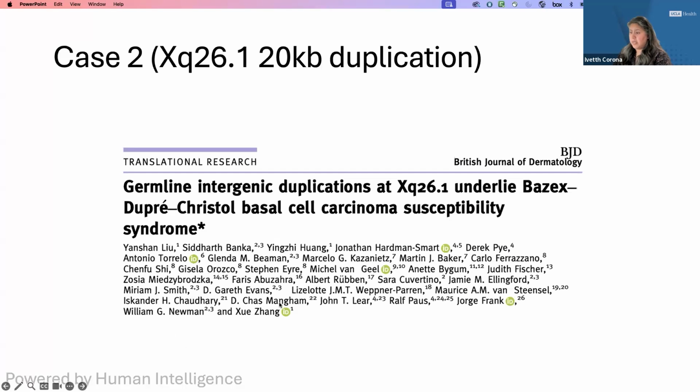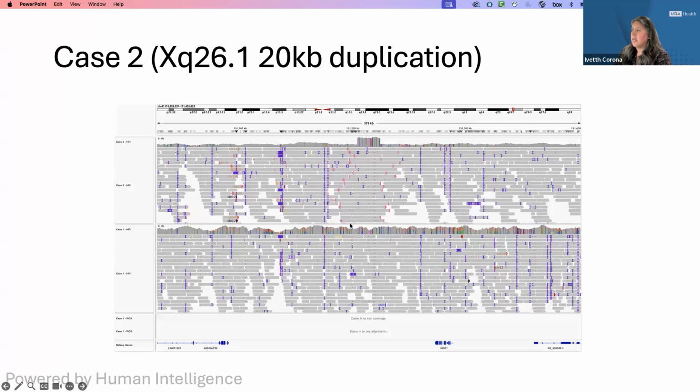I actually don't have the date of this publication, but the referring physician was almost sure that this was the cause, because the clinical description was very similar to what is described there. And they have a range of duplications in this region, and we found it.